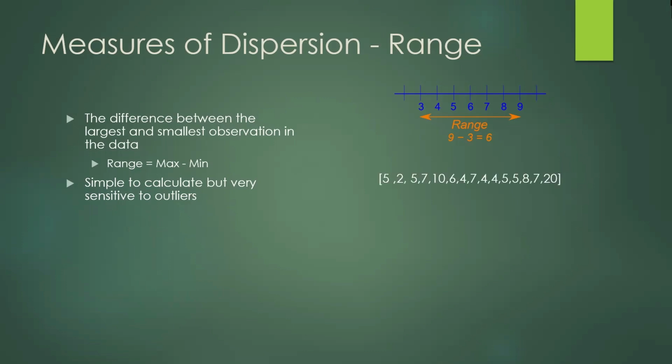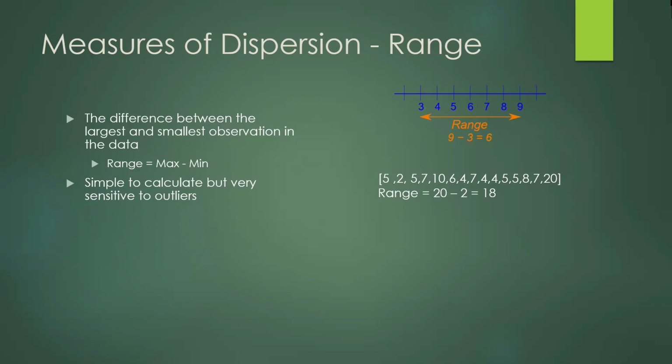This is very simple to calculate, but the downside is that it is sensitive to outliers. If I have a data set consisting of values such as these, you can see that most of the values range from 2 till 10, but there's one outlier, which is 20.